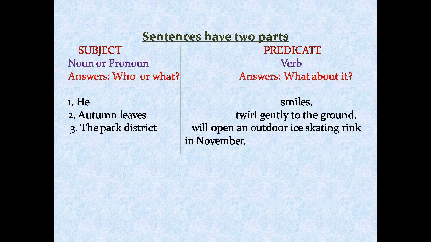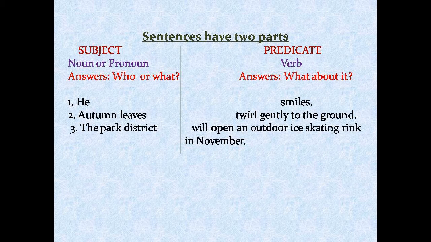He. If you look at the second statement, autumn leaves twirl gently to the ground. Here you have to put the question who twirls gently to the ground, or what twirls? Who or what are we talking about? It talks about autumn leaves.